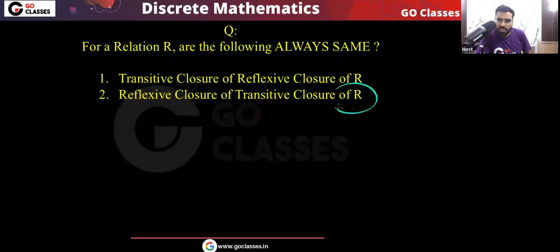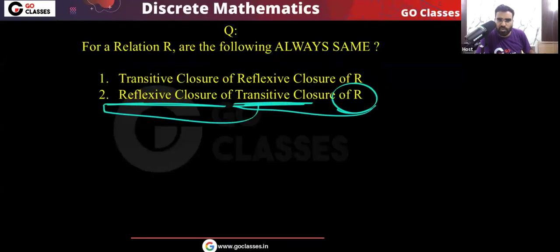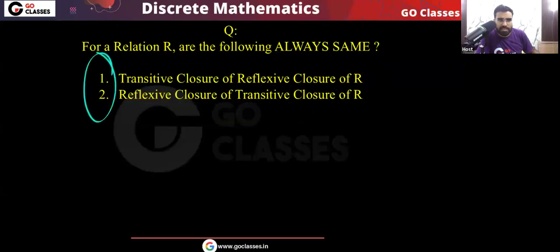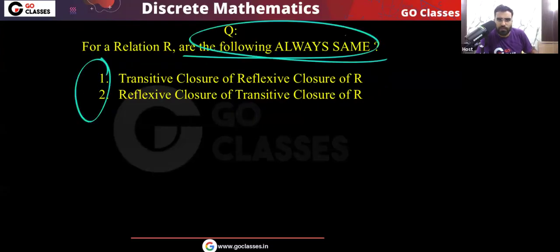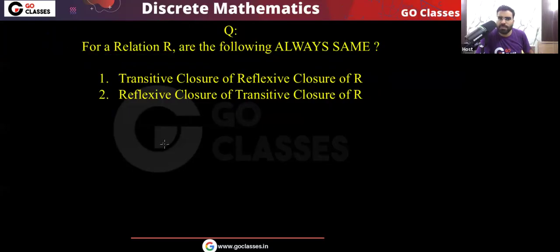Or for the relation R, first you find the transitive closure, then on top of that you find the reflexive closure. Can I say that these two will always produce the same result for any relation R? What do you think? Can I say transitive and reflexive closure are commutative?